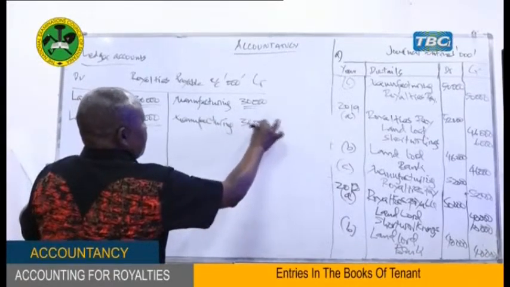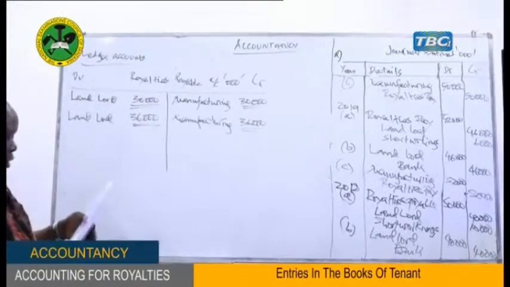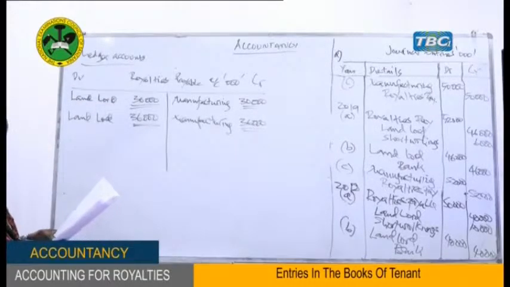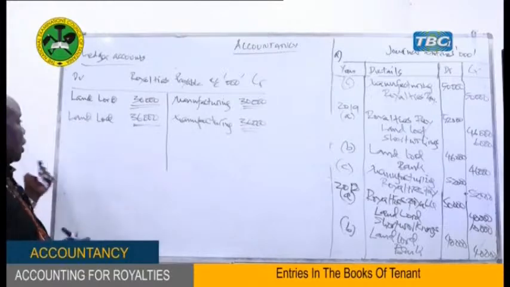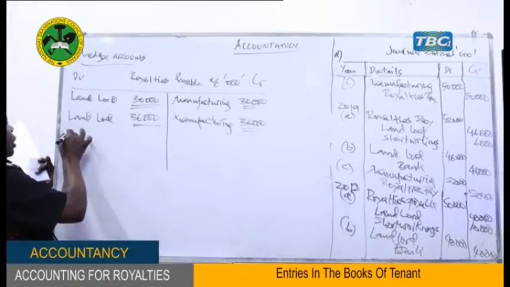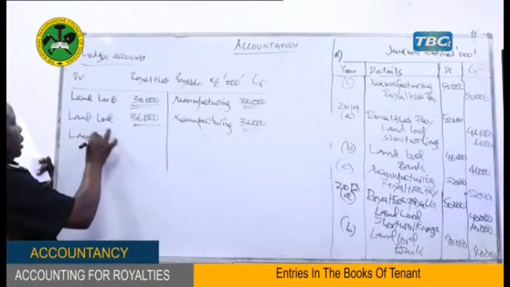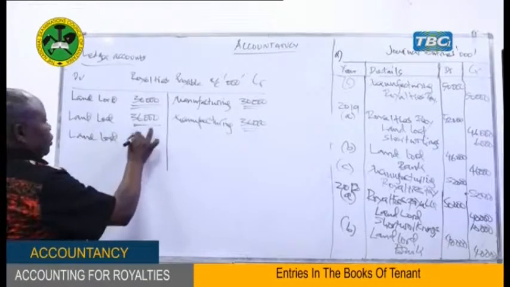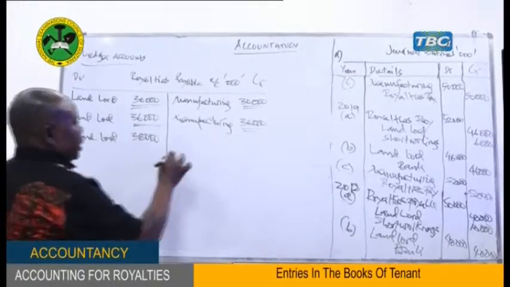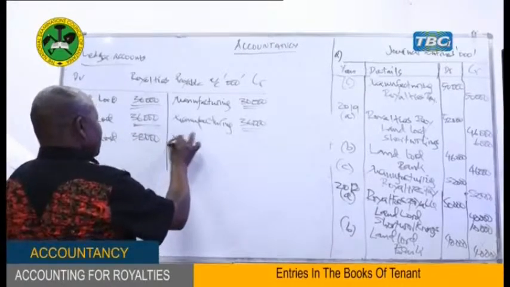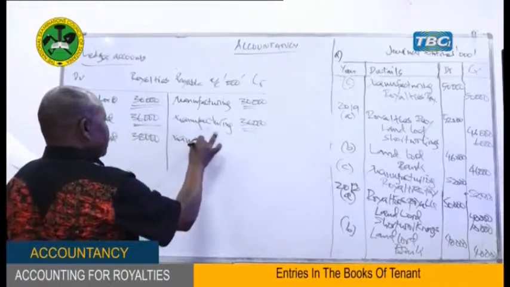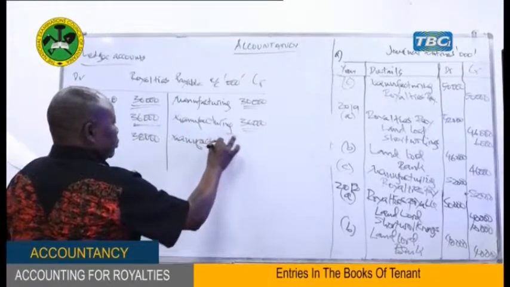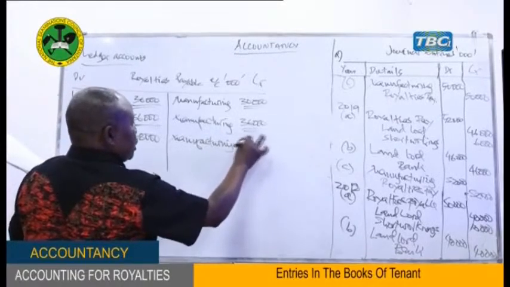36,000. Then 2017, the actual royalties was 38. So we debit the royalties payable by writing landlord. The amount is 38,000, and we credit by writing manufacturing 38.